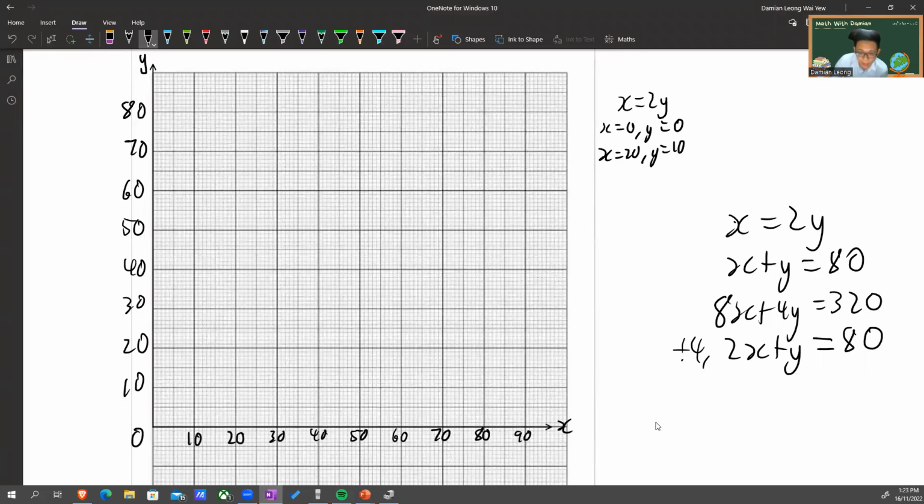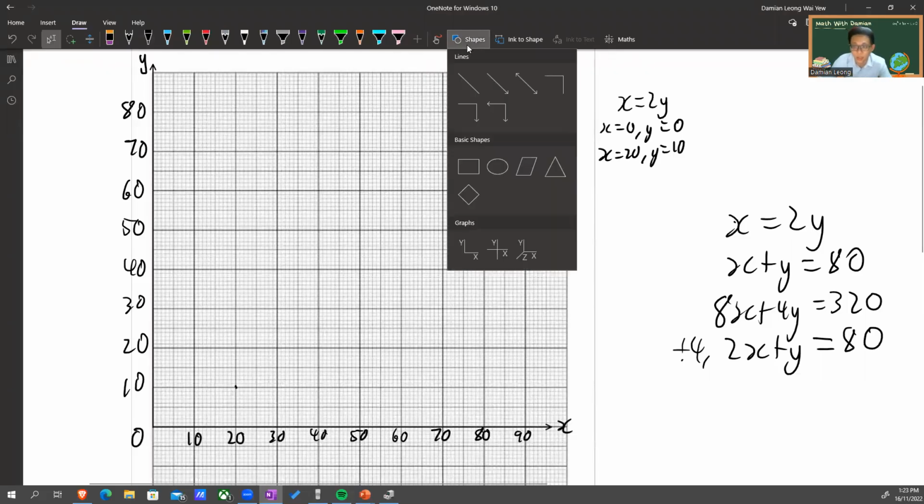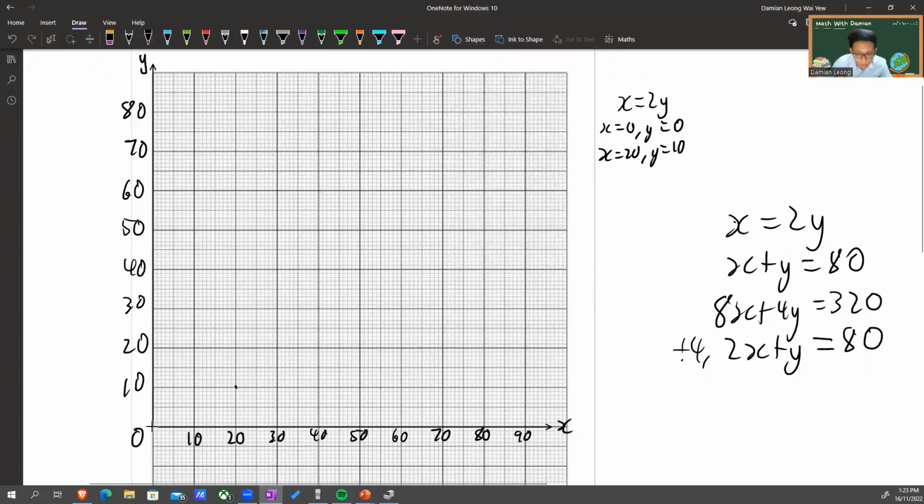So 20, 10 here. Just connect the 2 points using a straight line, and draw it all the way to the end, like this. That is the X equals 2y.